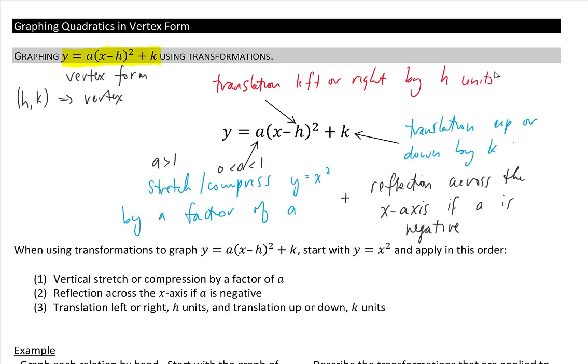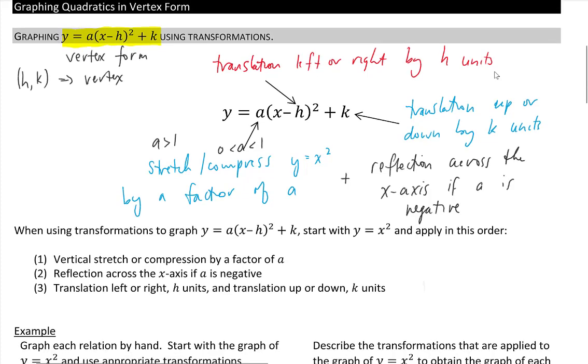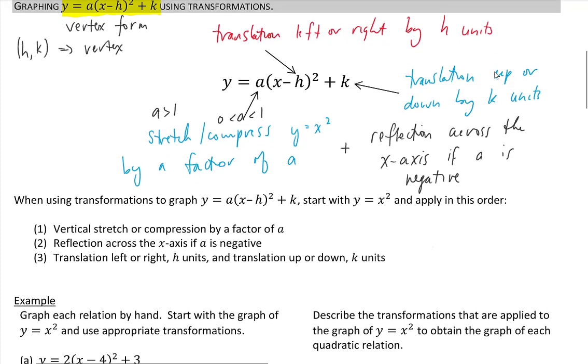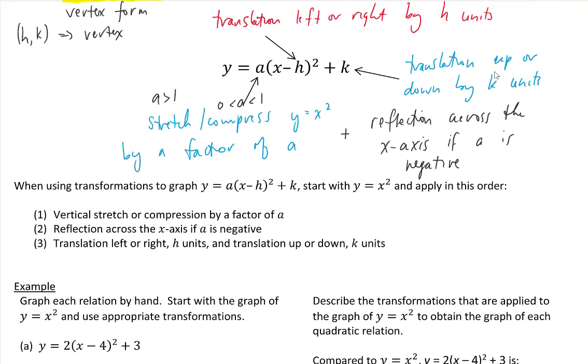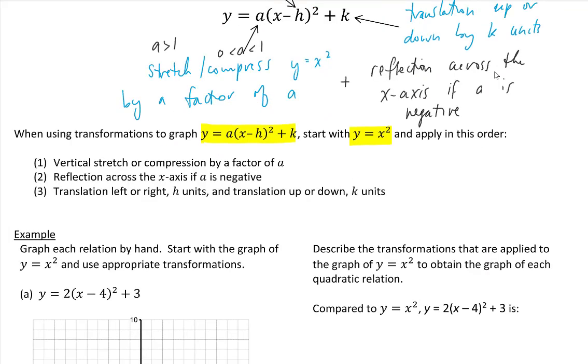So with that information, we're going to be able to graph y equals a(x minus h) squared plus k by starting with y equals x squared and applying the transformations in the following order. We are always going to start with the vertical stretch or compression by a factor of a, reflection across the x-axis if a is negative, and sometimes we can combine these two.